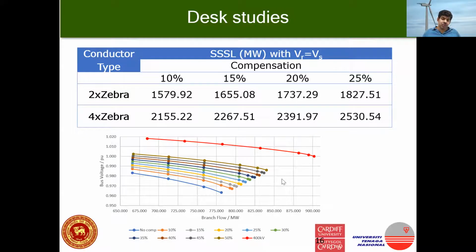So yeah, this is the 4 Zebra. You can go up to 2,530 practical steady state stability limit. So you can see that we can load the line if we have the right compensation.